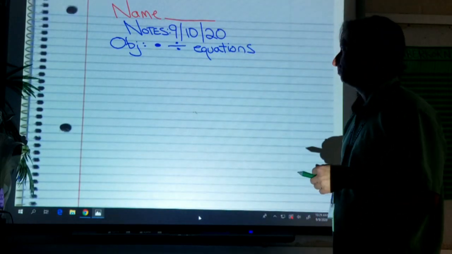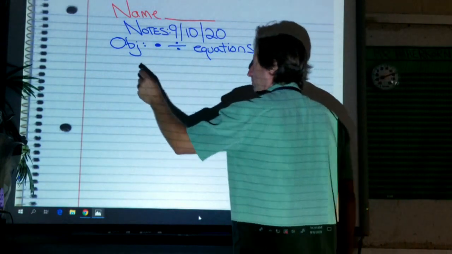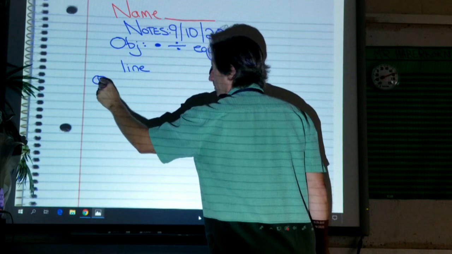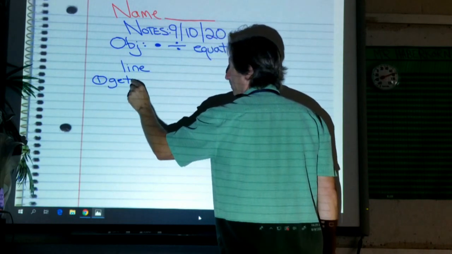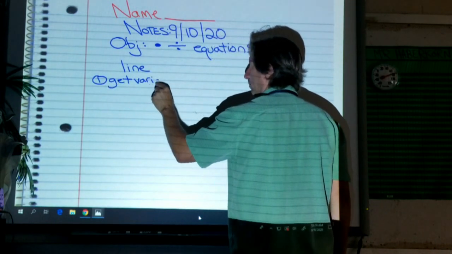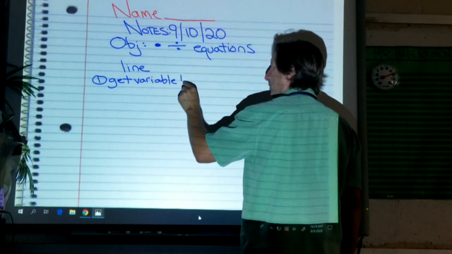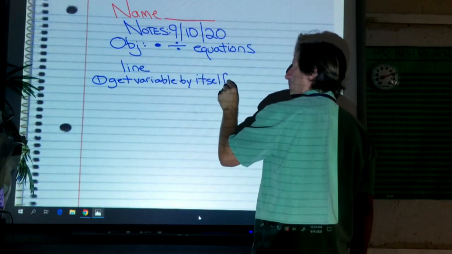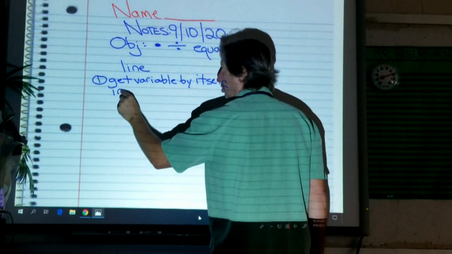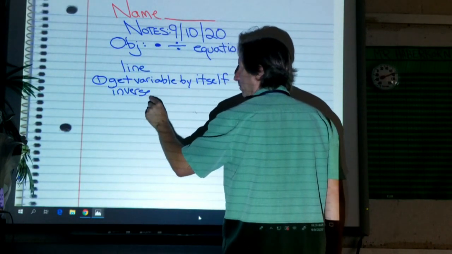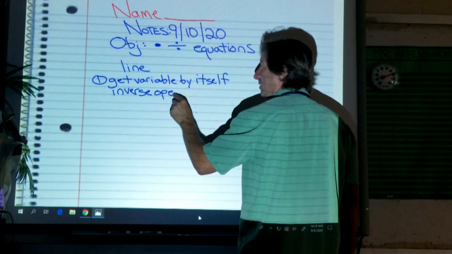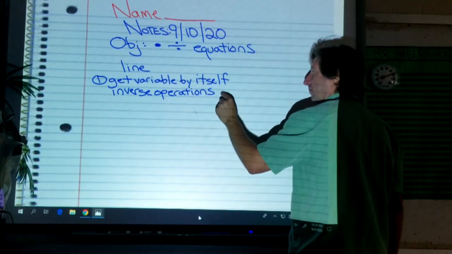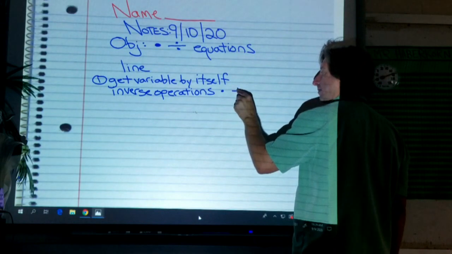All right? So we have our same set of steps. We do our line. Step 1. Get variable by itself by using inverse operations. And we already know that just means the opposite. And today, opposite of multiply is divide.